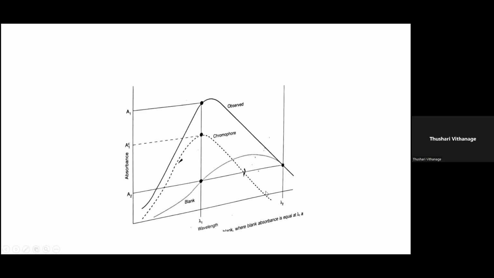This is the primary, this is the secondary wavelength. At the primary wavelength, we get the observed absorbance because of the chromophore and blank. And at the secondary wavelength, we get the absorbance due to interference.